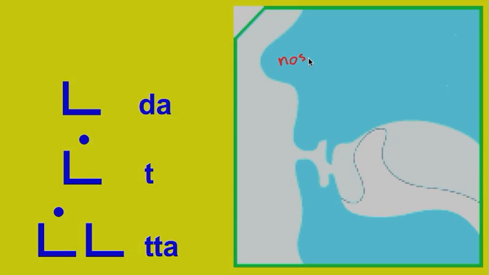So this is the nose, this is the upper lip here, this is the lower lip. Here we have the teeth, and then this whitish lavender color structure is the tongue. You notice that this tongue is touching the roof of the mouth. The tip of the tongue is touching the roof of the mouth.